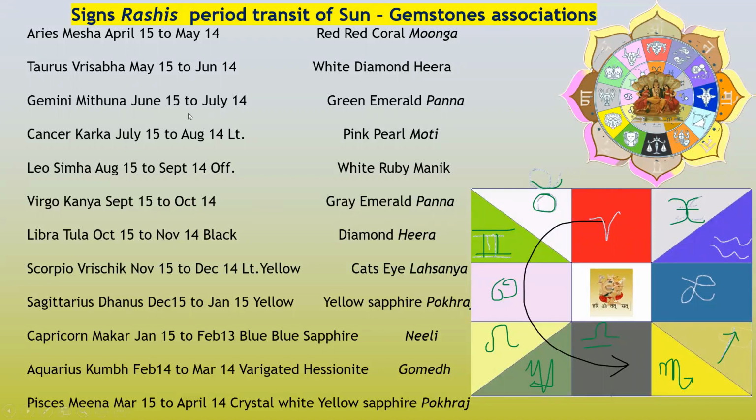Gemini or Mithuna is green emerald, apple green, bright green, super beautiful, rich emerald greens, or all hues of green, but please not totally jet black green, not those kinds of greens.